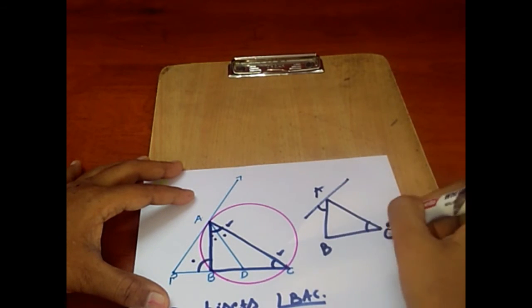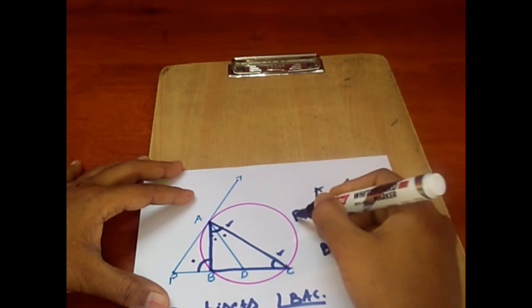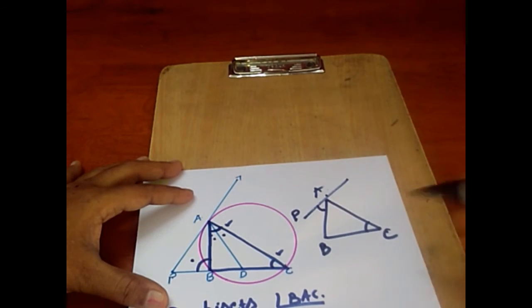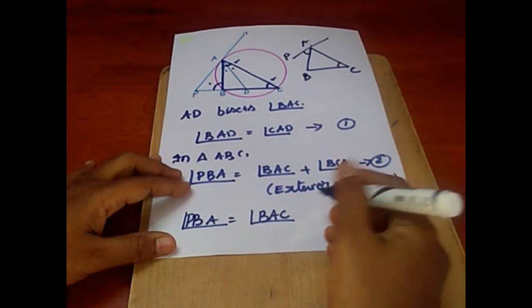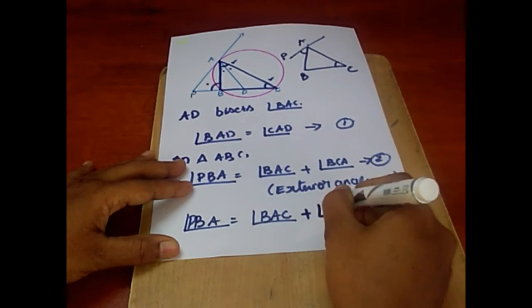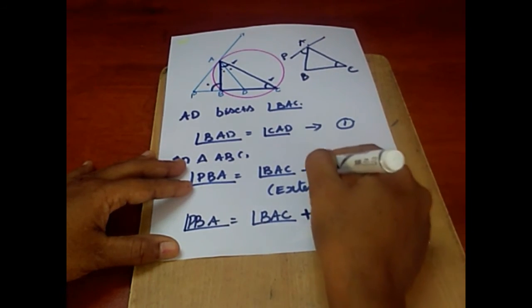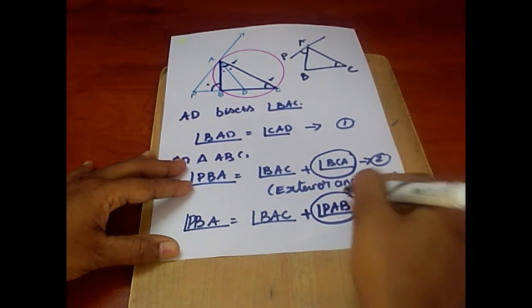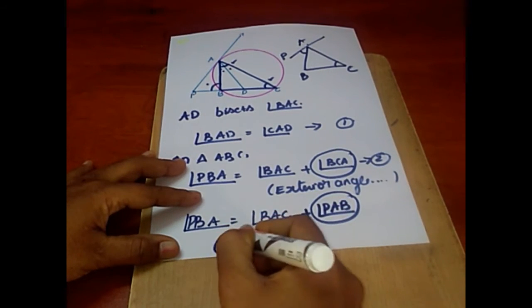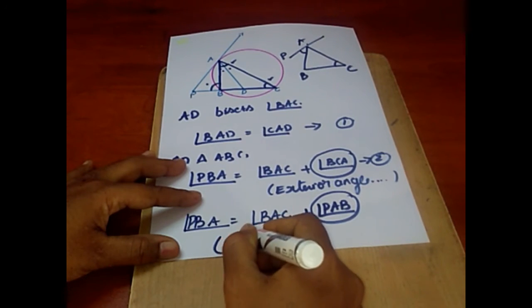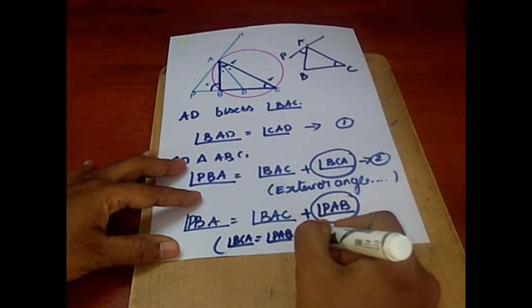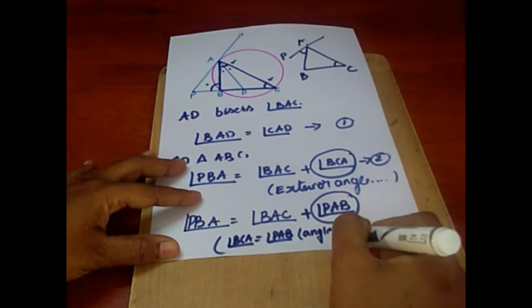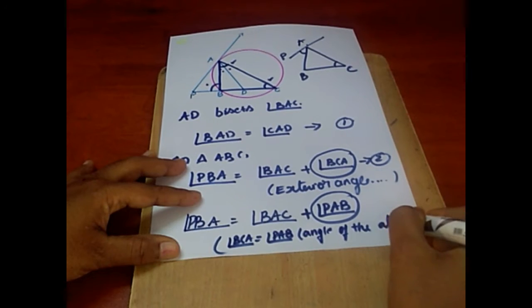Now the angle BCA can be expressed as angle PAB. So in the place of BCA, let us write angle PAB. So in the bracket, write down the reason. Angle BCA is equal to angle PAB, angle of the alternate segment.